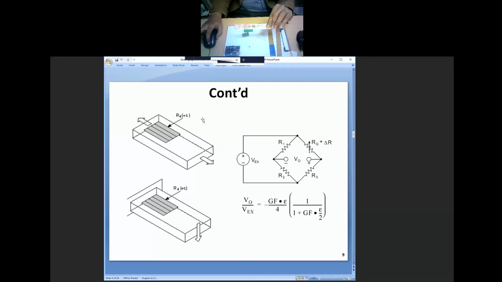So here, if I'm using just one bridge, one gauge, in this case, the output voltage, which I determine with the help of the Wheatstone bridge, I can use a digital multimeter, but remember the change in voltage is very small. It is in millivolts.